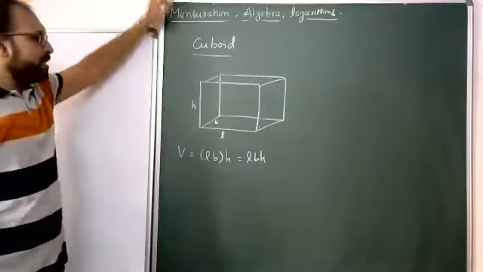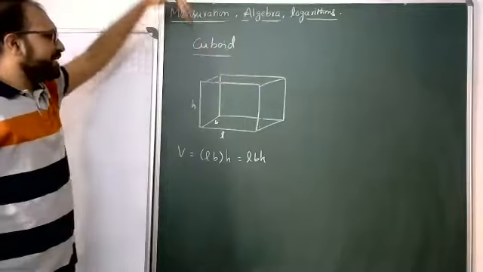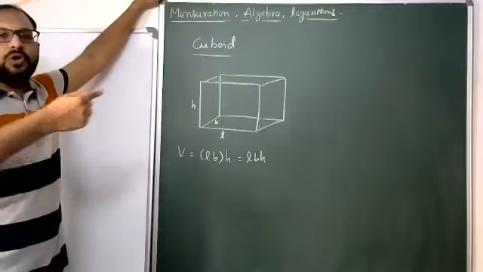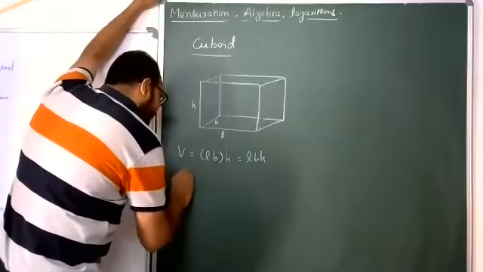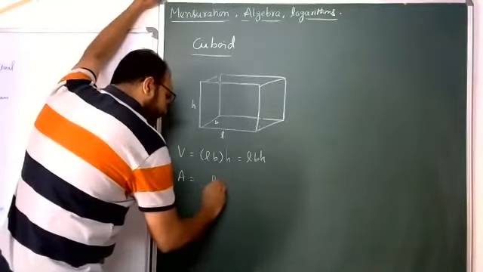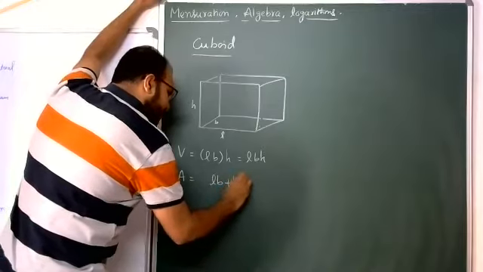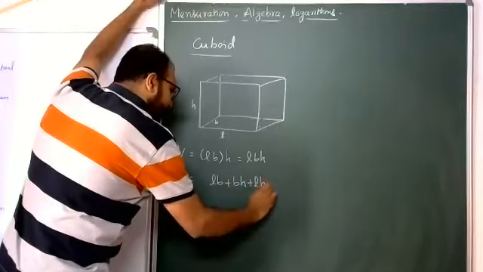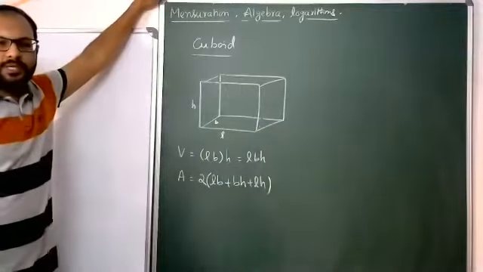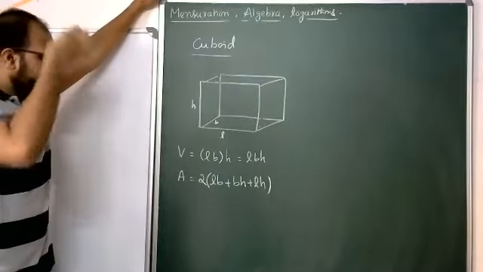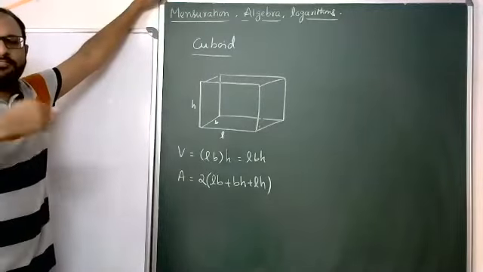Similarly, these total 6 faces, the total area is nothing but our surface area. That surface area is LB plus BH plus LH, like that, with two faces of each. So therefore total surface area is 2 into (LB plus BH plus LH), students, total surface area.